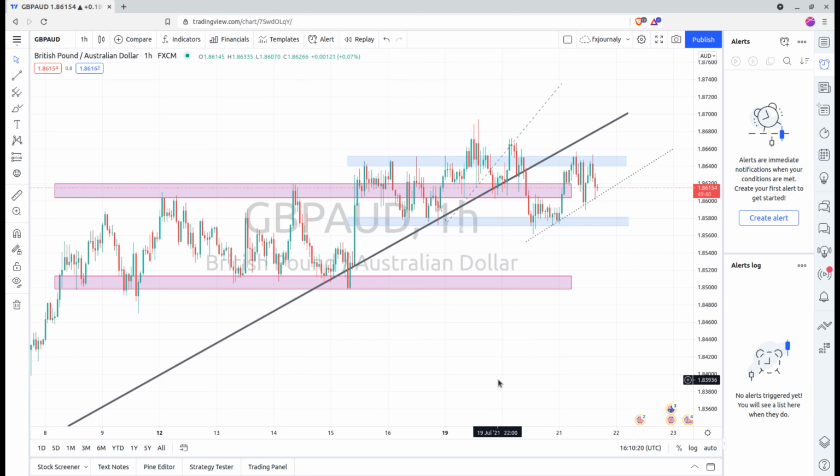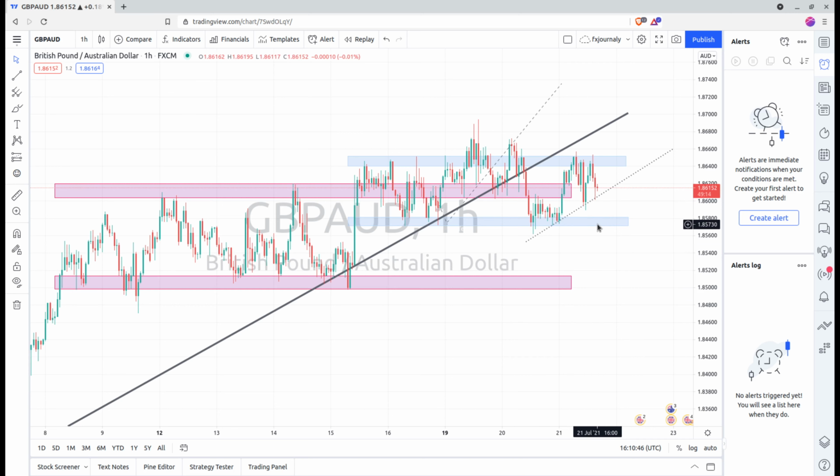Now what I'm hoping will happen, because we're kind of in the midway point of the New York session now, it's afternoon, is that price will come down and try to test this support area once more. And in doing so, I'm going to collect some additional pips.